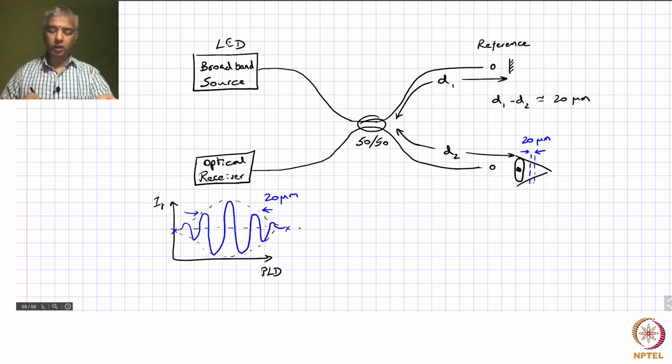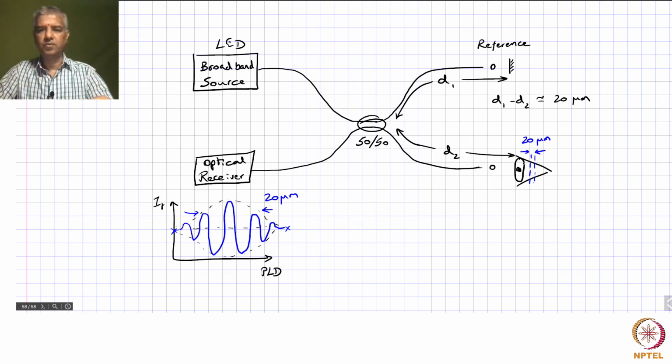So whatever fringe you are seeing corresponds to the optical property of the light that's scattered back. Okay, and the optical property, as in the refractive index of the medium, is primarily what we are looking at. And so if there is any change in the refractive index of the medium, or any change in the amount of light that's reflected or scattered back, you're going to be able to see that in these interference fringes.